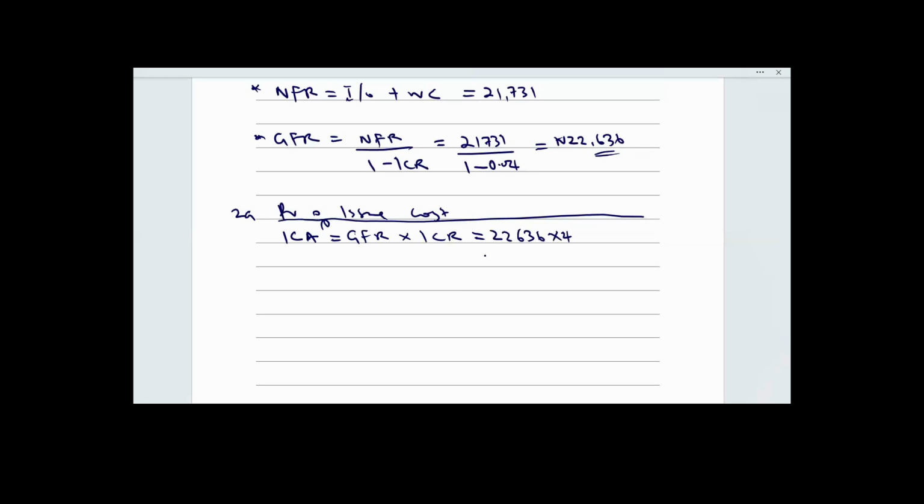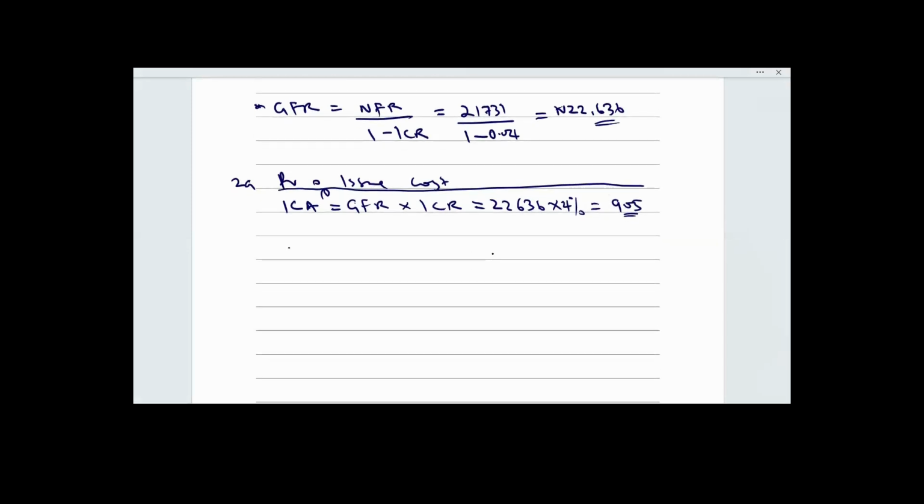22,636 multiplied by 4%. So what do you have here? Multiplied by 0.04. That's 905. 905 is the issue cost amount. Therefore, the PV of issue cost amount in year 0 will be equal to the issue cost amount of 905 multiplied by the discount factor at year 0.